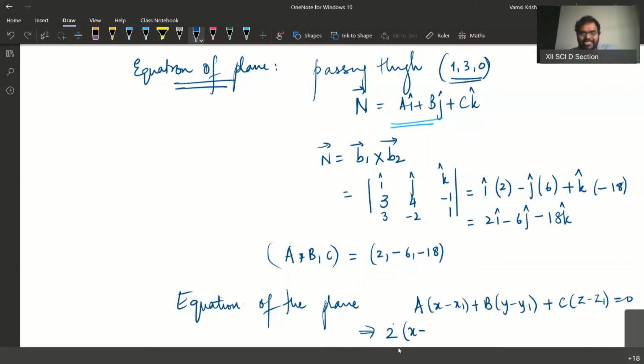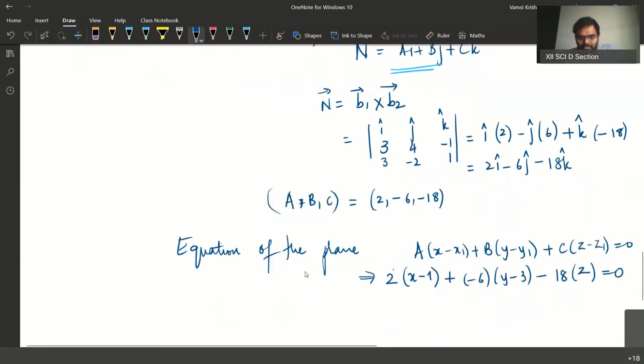It is precisely the point 1, 3, 0. So 2 times (x minus 1) minus 6 times (y minus 3) minus 18 times (z minus 0). This simplifies to 2x minus 6y minus 18z, and the constant terms are minus 2 plus 18, that's 16.